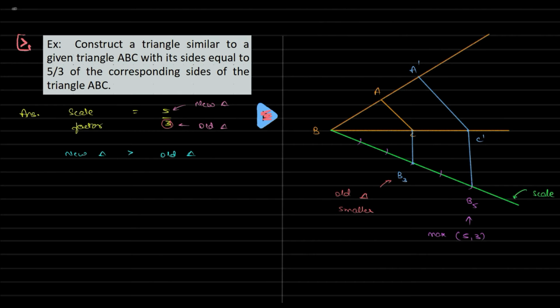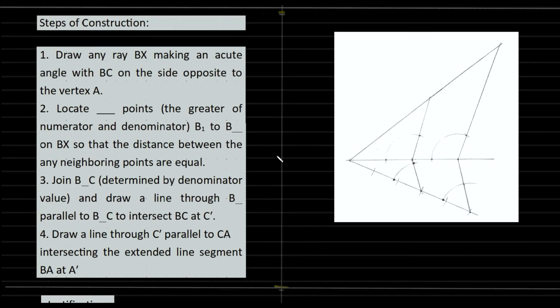So now just to recap the steps of construction, we have the write up. First thing is we have to draw the triangle, that would be your ABC, and draw an acute angle X. Then locate 5 points, the greater of the numerator and denominator, that is B1 to B5, which are equidistant.